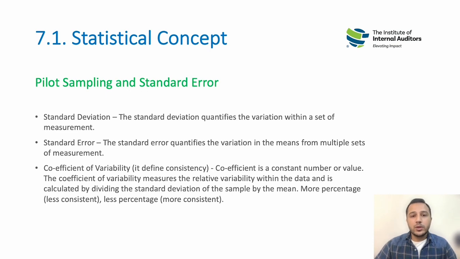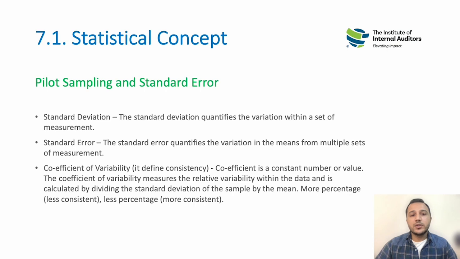So what we do is we look for the standard deviation in each data set, and we take an average of all the variation, to quantify the variation in the means from multiple sets of measurement and see what the standard error is. So this will give us a holistic view of how much these data sets vary in themselves within the population. So this also we do.